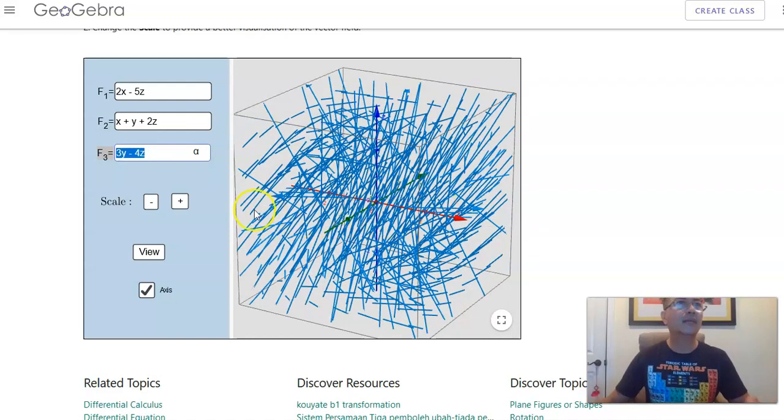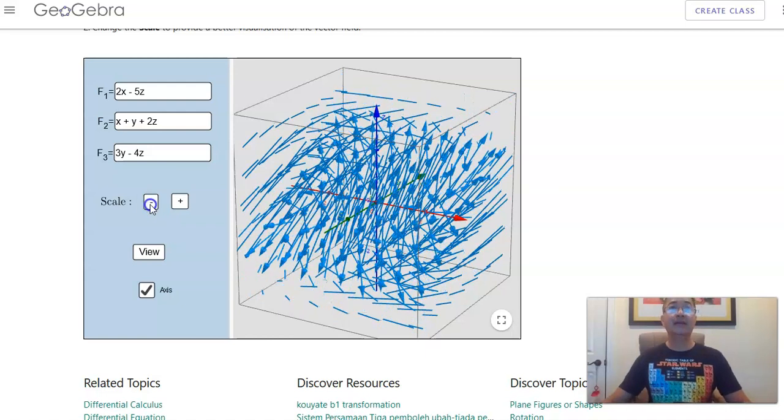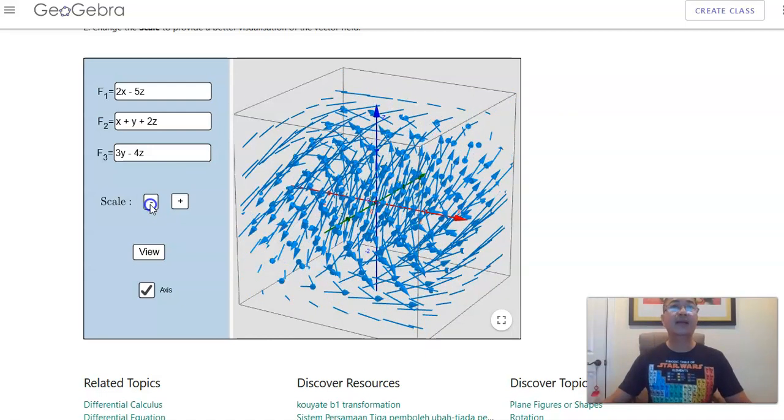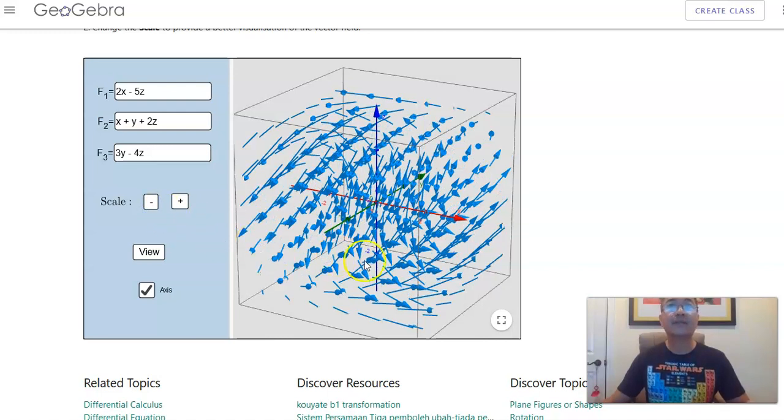Ooh, oh my goodness, what a mess. So maybe let's reduce the scale. All right, now it's supposed to get shorter and shorter. I think it doesn't allow us to rotate either. Okay, we can make it shorter. Oh, okay, so there you go. Now we can maybe appreciate it a little better. Of course, these numbers can get really large as x, y, and z get bigger and bigger.